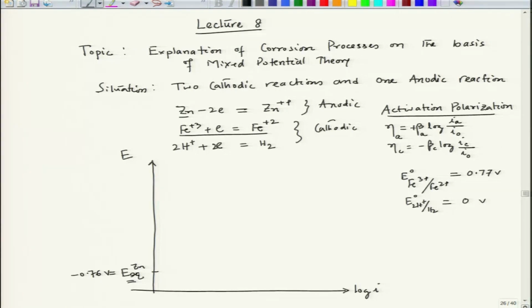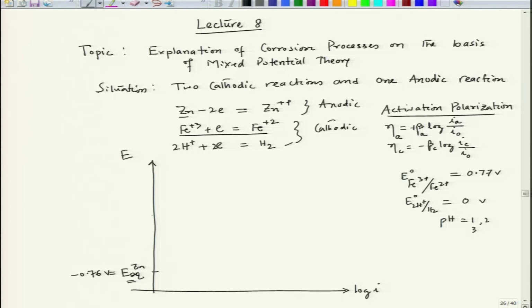Let us also consider that the pH is, let us say, 1, or 2 or 3, any pH in the acidic medium where this reaction would happen.